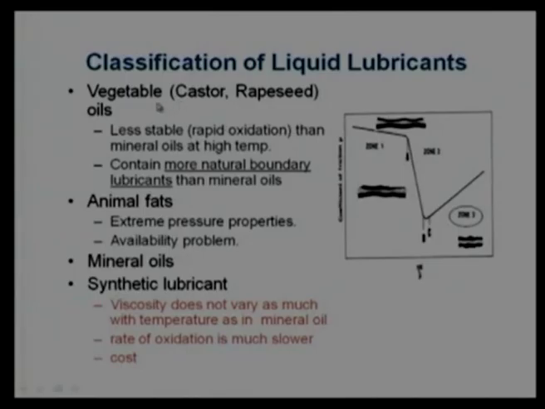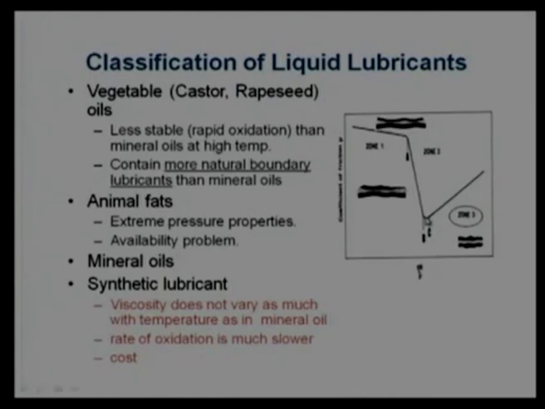And if I think about all these lubricants, I can place vegetable oil and animal fats somewhere in this region, or we can say the animal fat can be placed in zone 1. Coming to vegetable oil, it can be placed in mixed lubrication. Mineral oil somewhere here in zone 3 and some part of zone 2.